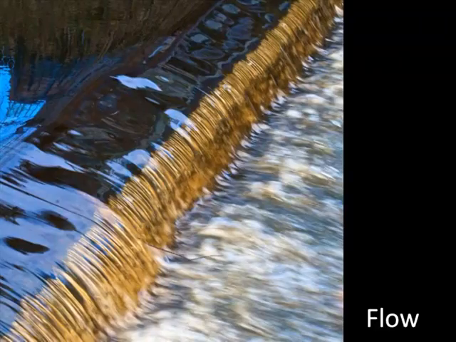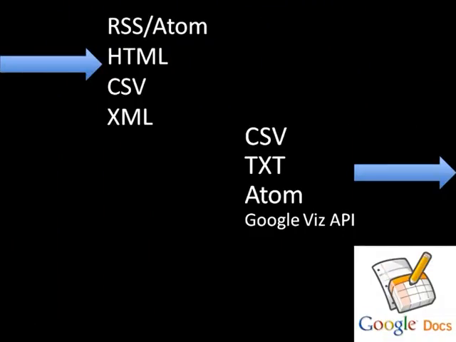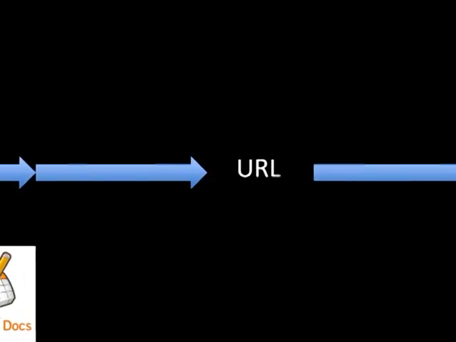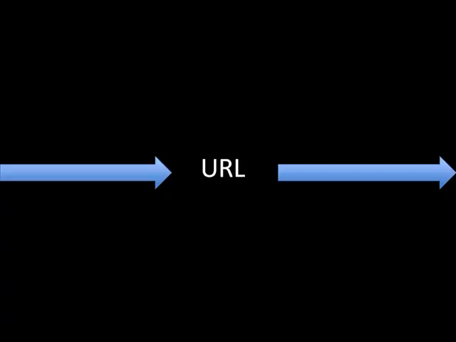So this is flow, right? The idea of flow, getting content to flow. You want to liberate it, you want to make it free to flow around. We saw that with the Google Docs. The output of the gluey bits in all of these is the representation, but the representation referenced by a URL. It's the URL that allows you to take the output of one application and put it into the input of another.